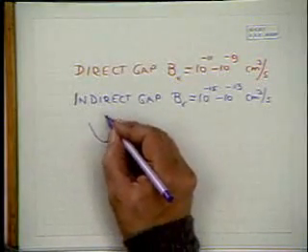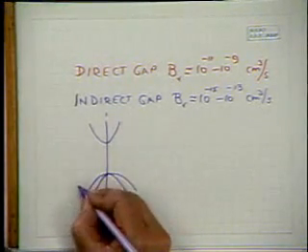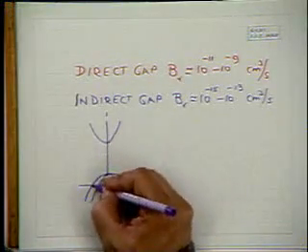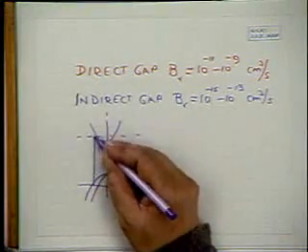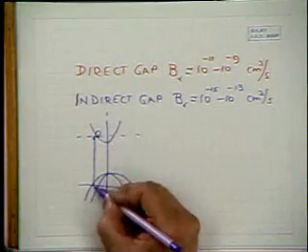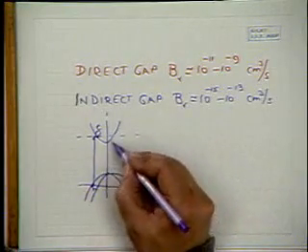Now, if you want to explain this physically, one can say that for a direct gap semiconductor, if you draw the E-K diagram, excitation results in the creation of electrons and holes, followed by recombination.